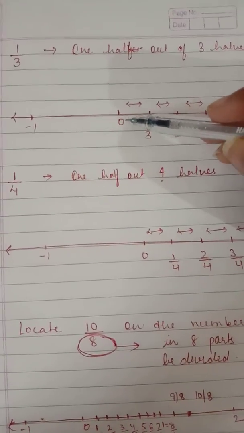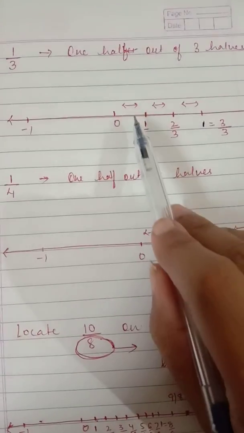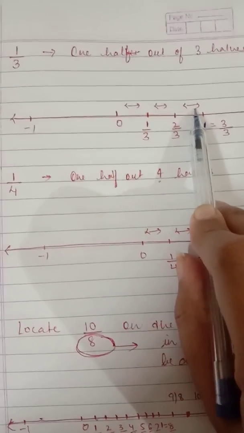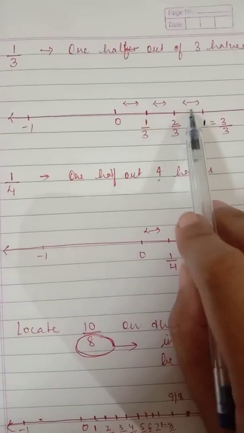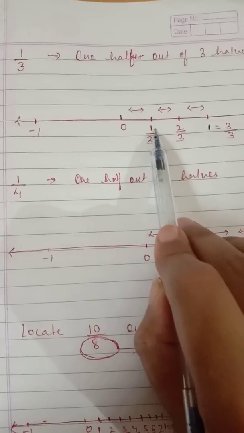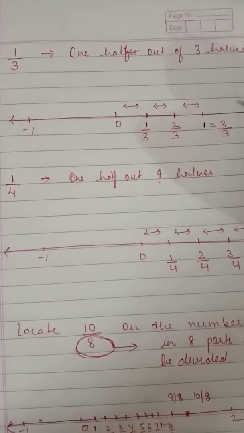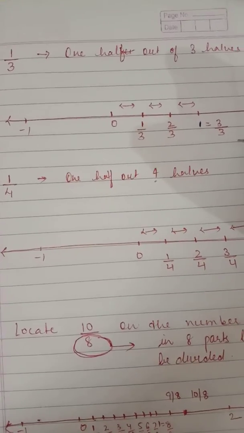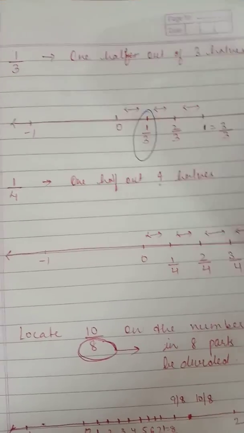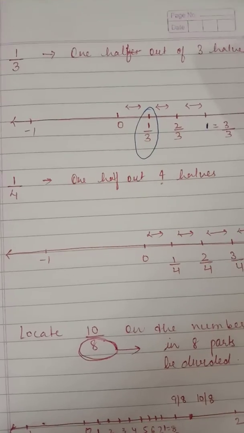So between 0 to 1, I divide my line in 3 equal parts. तो जब मैंने अपनी लाइन को 3 equal parts में divide किया, so can I write this as 1 by 3, this as 2 by 3, and this is equal to 3 by 3. So that is how I am getting 1 by 3, a rational number on the number line.